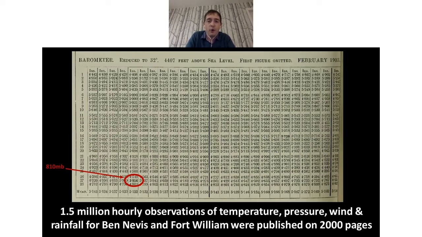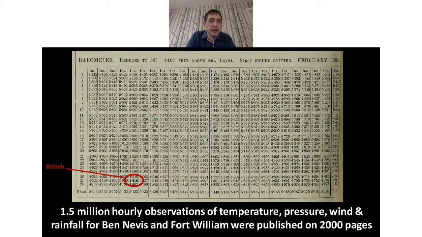So this is the only format we have the observations in, or we did have until a couple of years ago. They were printed in very great detail on 2,000 pages in the Scottish archives. And so this is the source that we have the data in, and it's not been digitized. It's not been transformed into digital data, which we can use and analyze today.